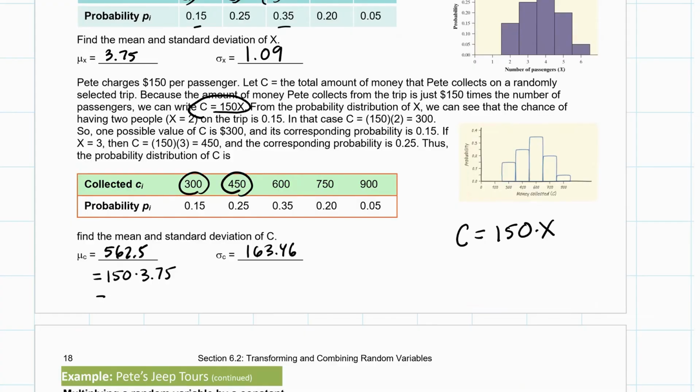In other words, maybe we find this new random variable by simply taking the old mean and multiplying it by the multiplier. Does that hold true here? Is 150 times 1.09 the same value?